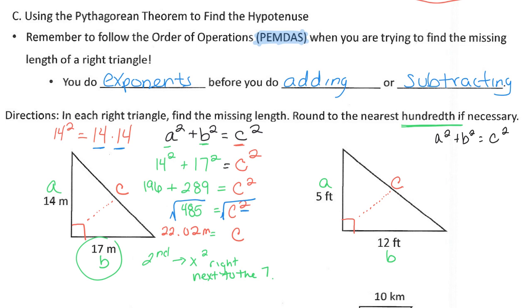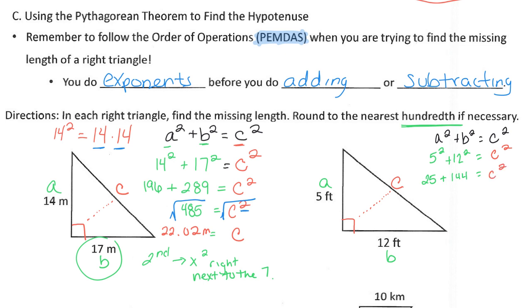And then we plug in what we have. We have 5 squared plus 12 squared equals our unknown c squared. Now in your calculator, do 5 squared, which is 25, plus 12 squared, which is 144, equals our c squared.